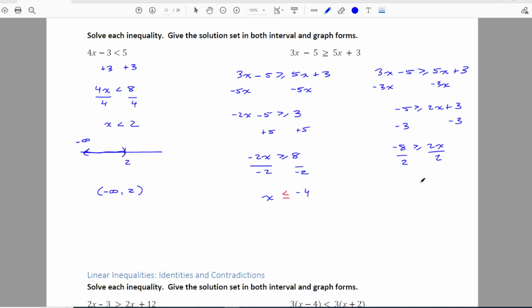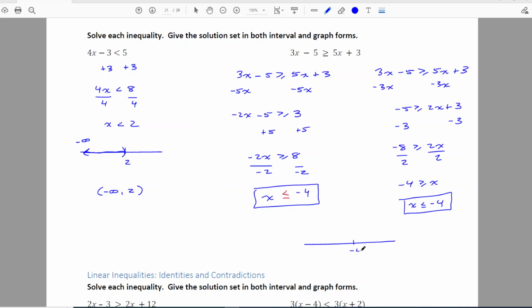Because it's positive 2, I don't have to flip my sign. But you'll notice this answer is the same as this answer. If I rewrote it the other way, the smallest part is near the x. It's exactly the same. But I didn't have to flip the sign because I didn't have a negative coefficient on x. Regardless, my answer is that x is less than or equal to negative 4.